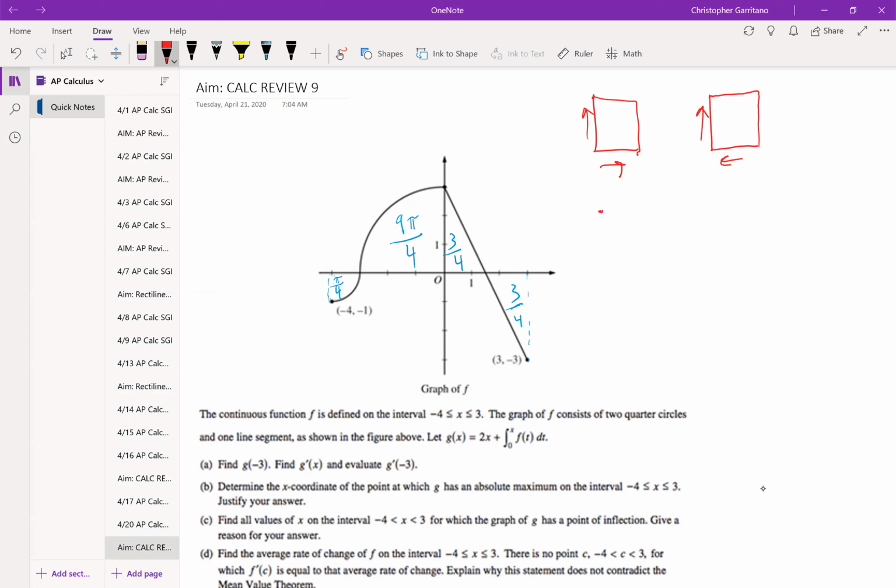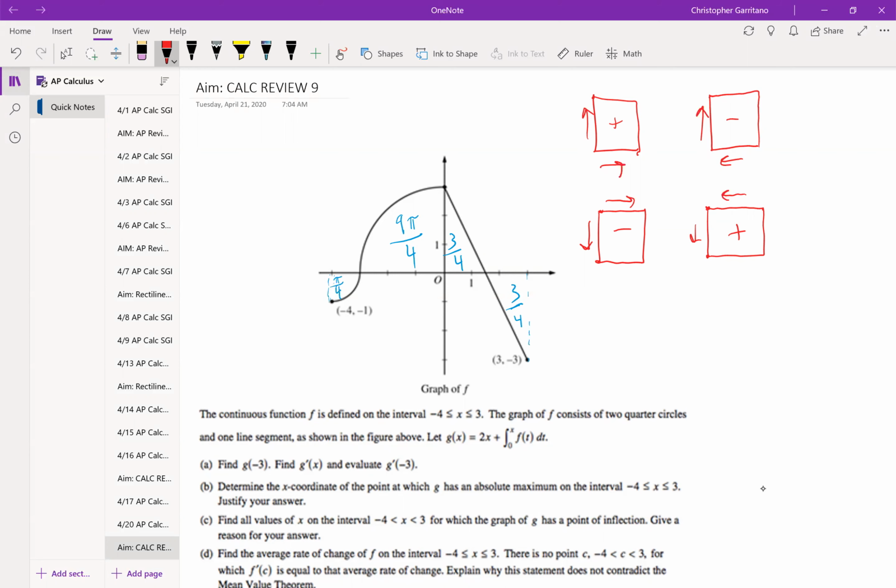And of course, if our delta x is positive, but our heights are negative, then there would be an overall negative area of our rectangle. And if our delta x is negative and our heights are also negative, then there would be an overall positive area. So we have positive area, negative, negative, positive. So we have to pay attention to these things when we are integrating.